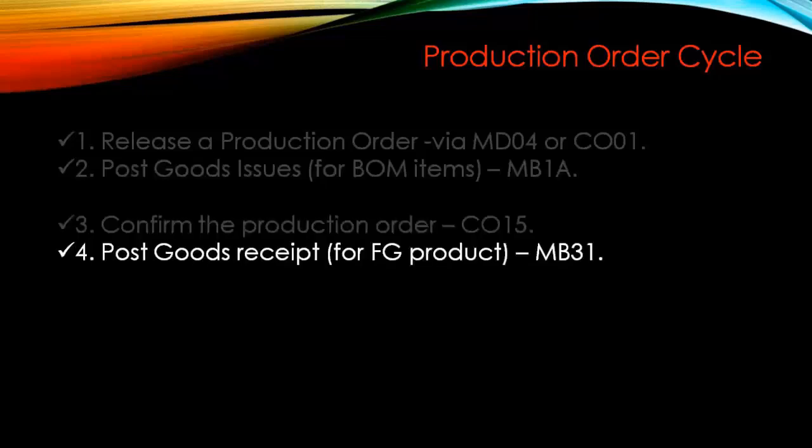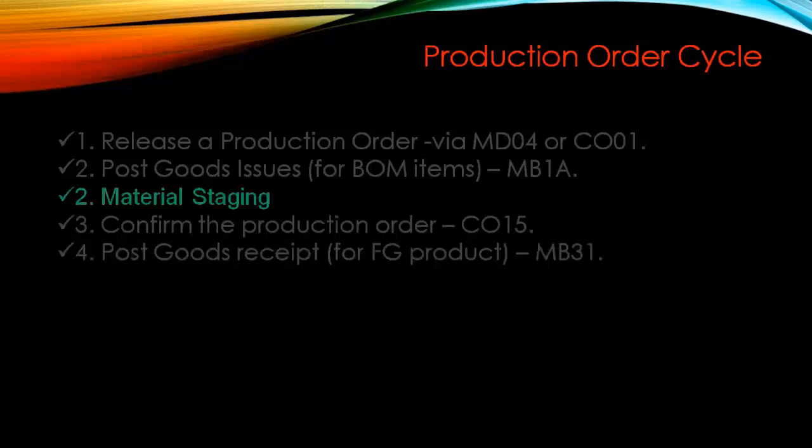Finally, you do post goods receipt for the finished goods. Now this material staging can be added at step number 2. So it's just an addition to step number 2, where we had done the post goods issue for the BOM items, but we can do it via material staging. So you can call it just an alternate.